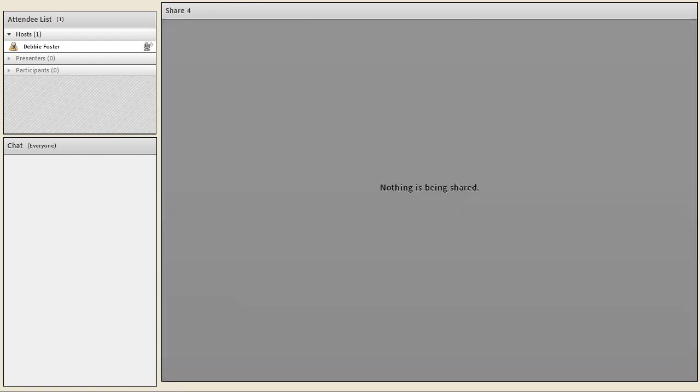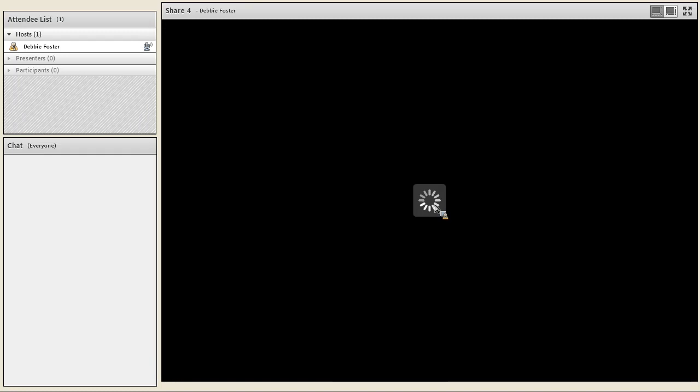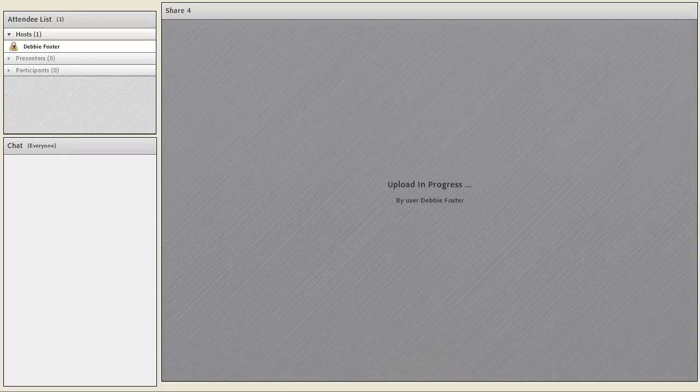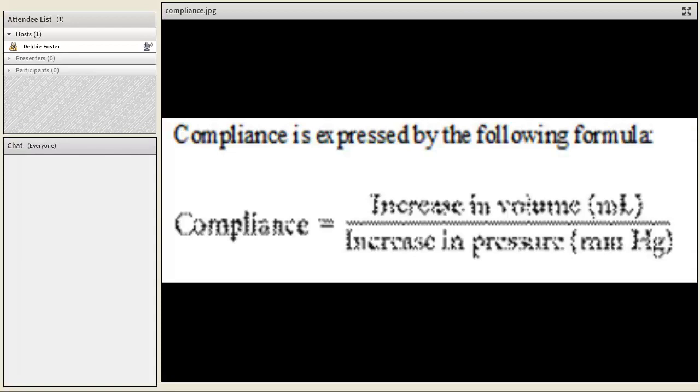The other one I wanted to show you before we close was compliance. This one's also very pixelated, I'm sorry. I'm going to have to try to redo these. Compliance is how well the vessel can expand a little bit.